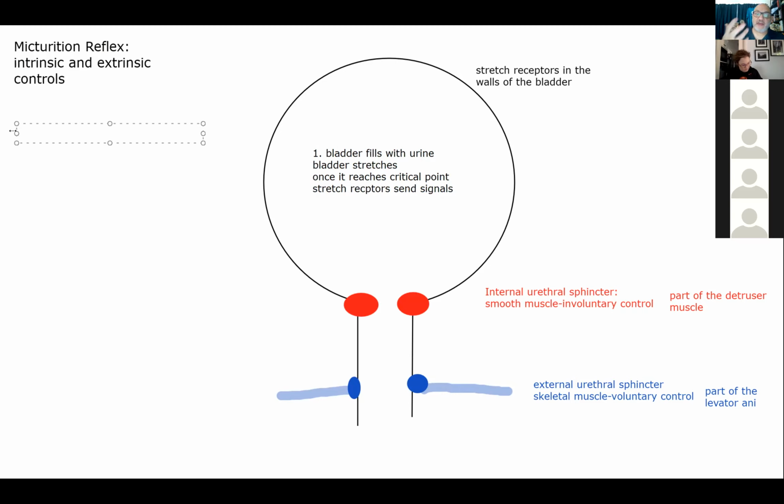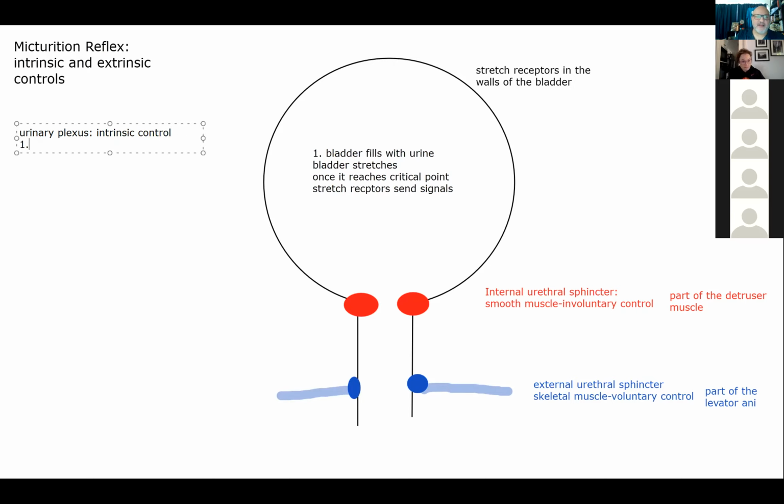We have a urinary plexus where we're going to have our intrinsic control. And that intrinsic control is basically going to do two things.